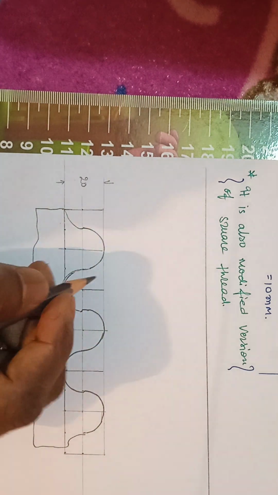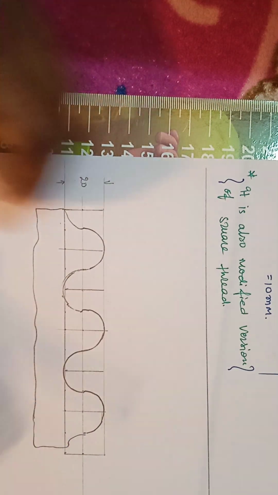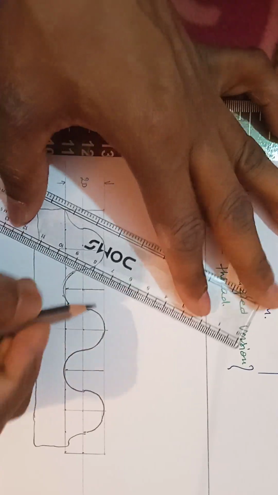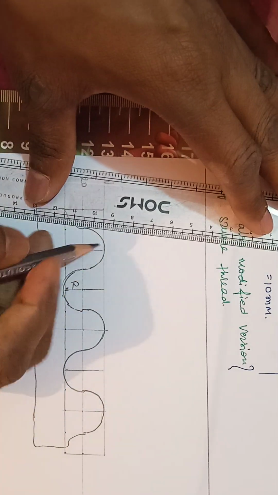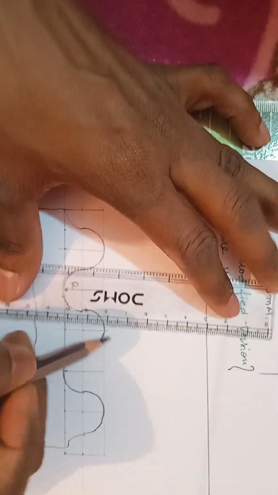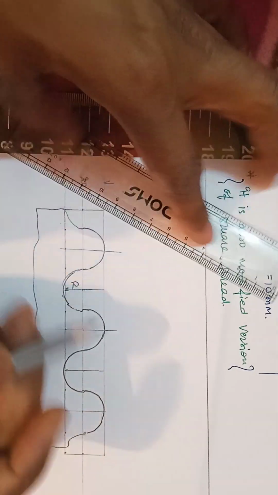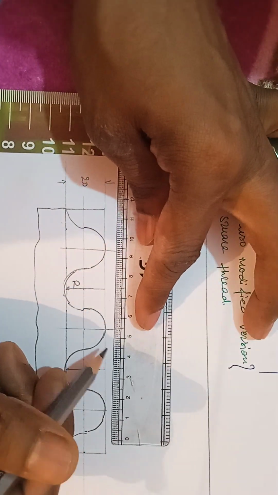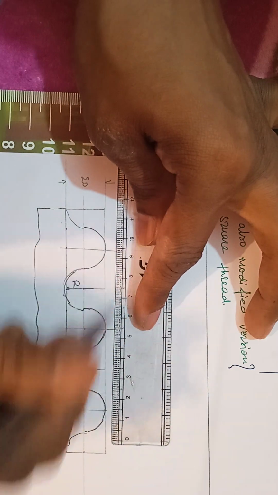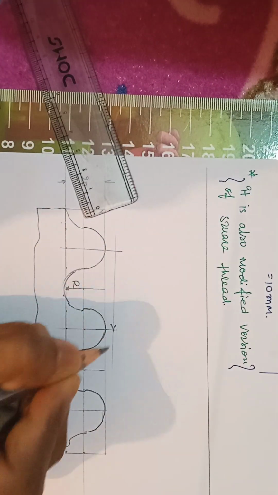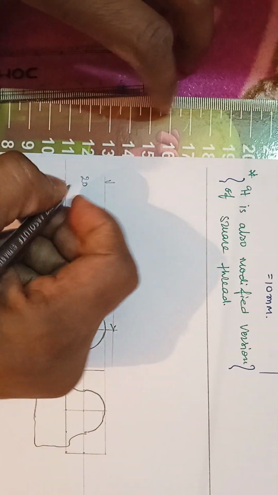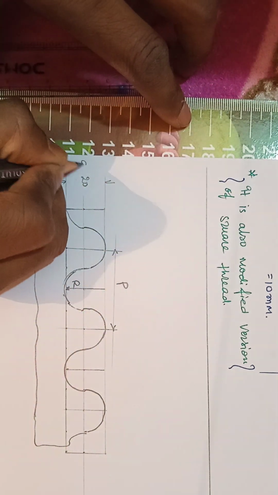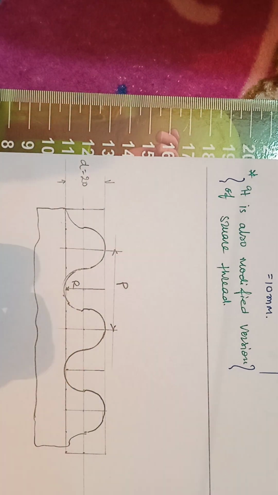Now you do the dimensioning. This radius is r. This is the pitch, p, and this is the depth, d equals 20.